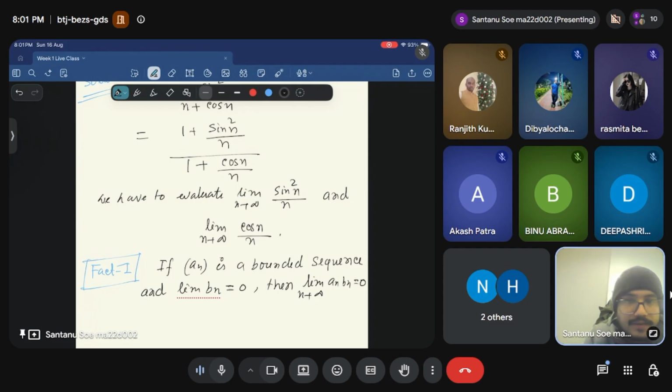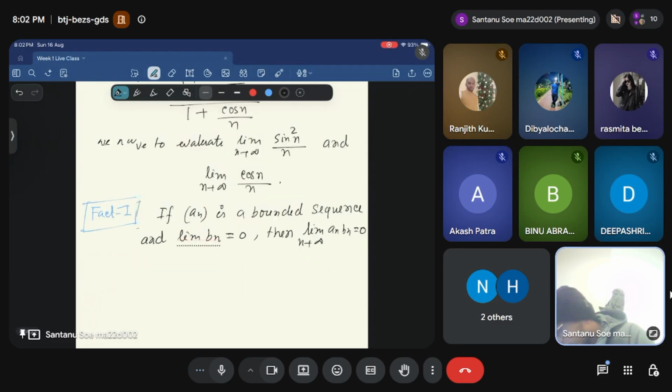For example, for the first sequence, sine square of n is always bounded between 0 and 1, and 1 by n goes to 0, so sine square n divided by n goes to 0, correct? Similarly, take a_n to be cos n and b_n to be 1 by n. Cos n is bounded, b_n equals 1 by n is going to 0, so the product will be going to 0.